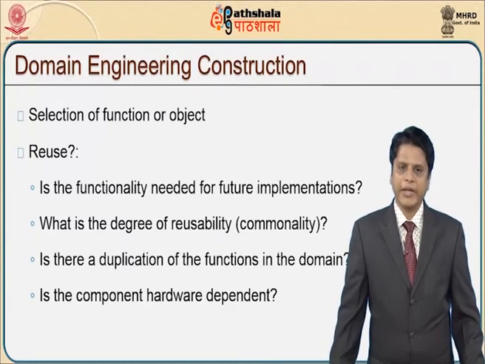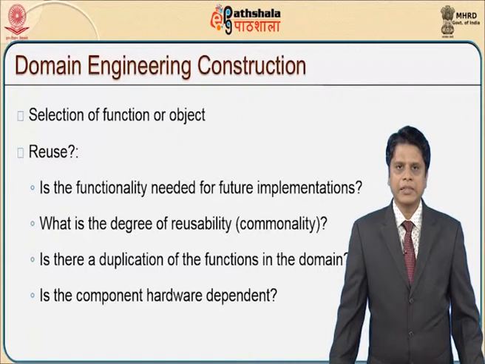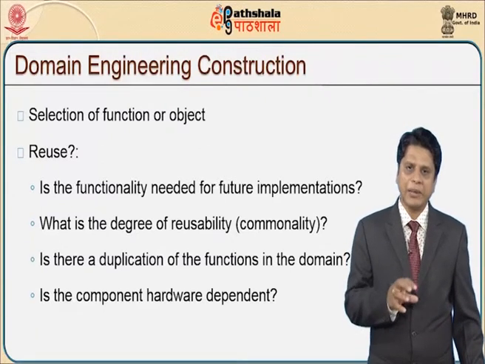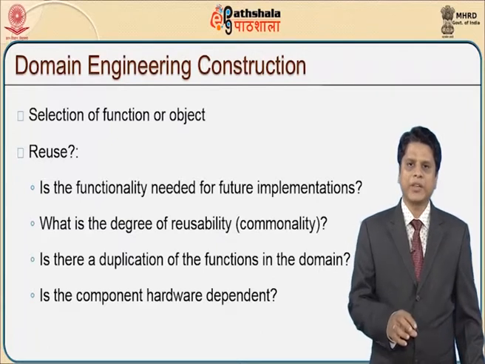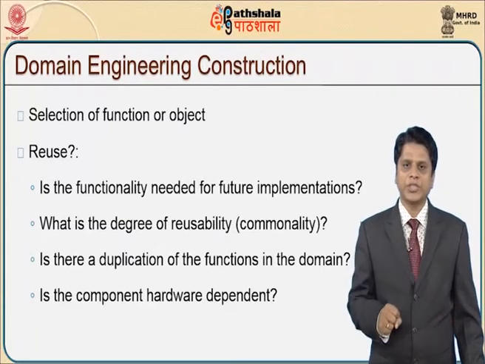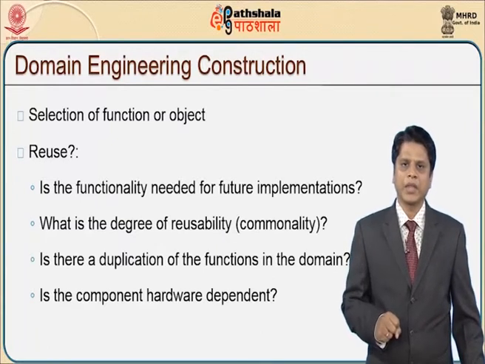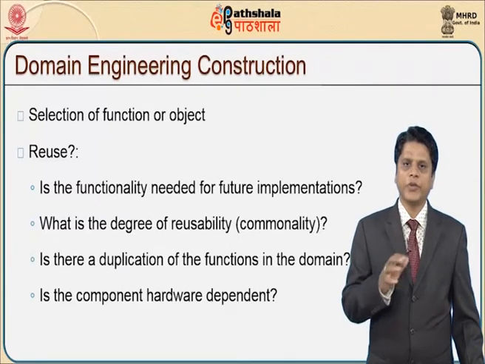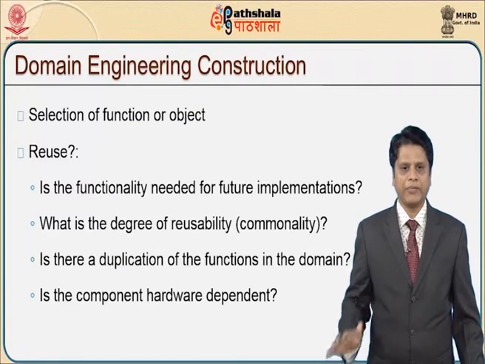Is there a duplication of functions in the domain? We need not create multiple application softwares for the same purpose. For that reason, we can utilize components already in use and make direct use of them instead of duplicating them on a different platform.